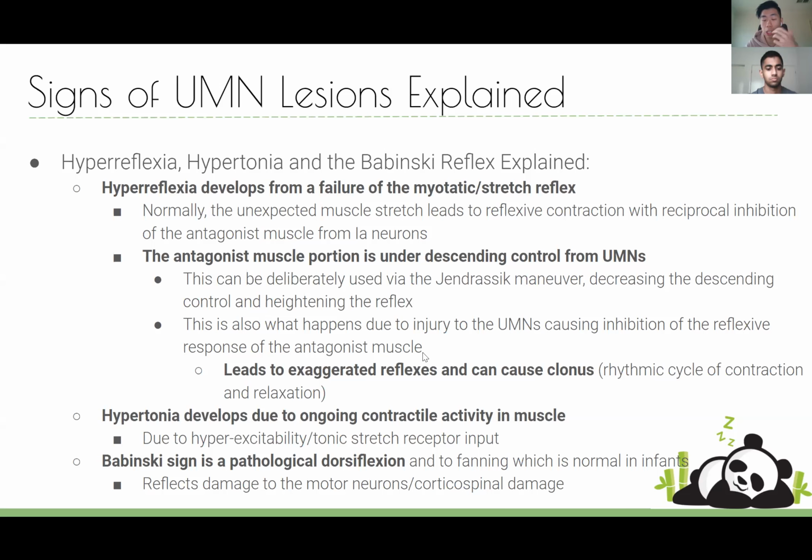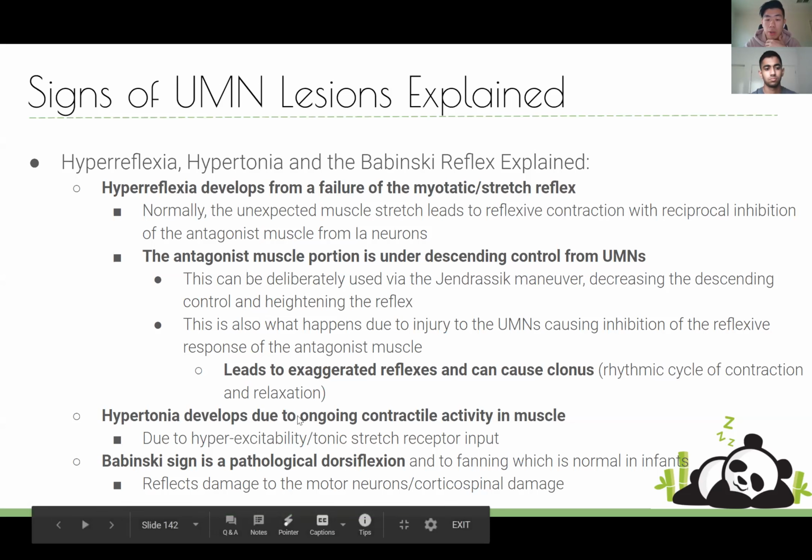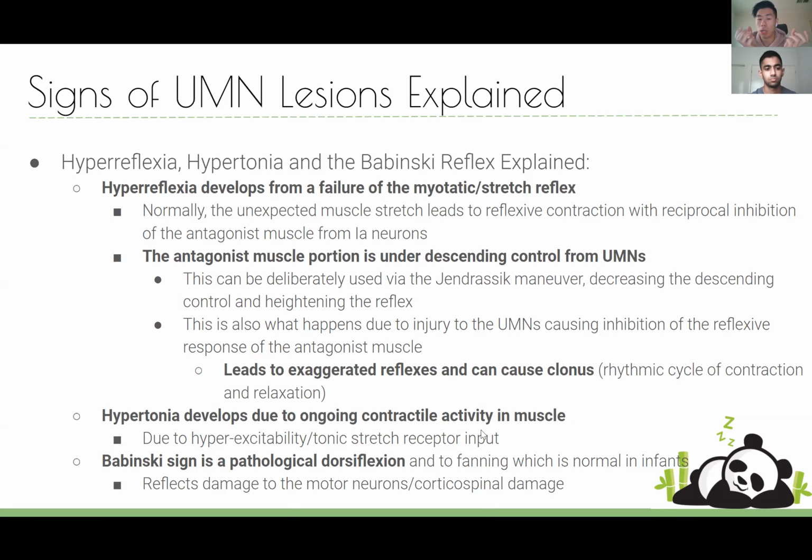And that causes an exaggerated reflex. It can also cause clonus, the rhythmic contraction of perhaps the calf muscle in their ankle, causing ankle clonus. Hypertonia runs on a very similar principle, where there's an increased general excitability going on, causing increased tone as you move their ankle or their knee around.